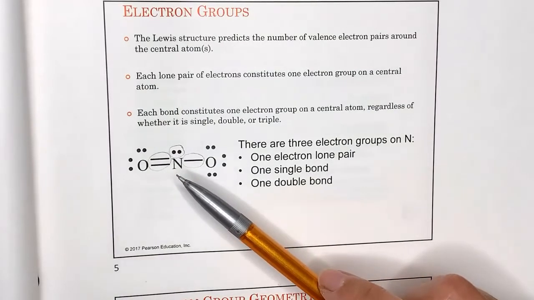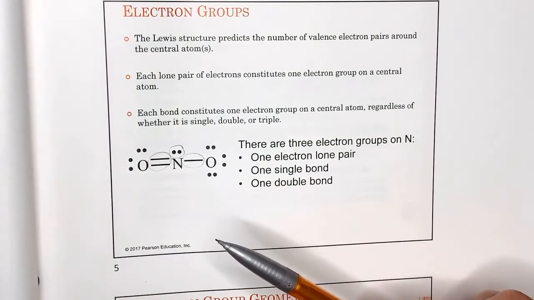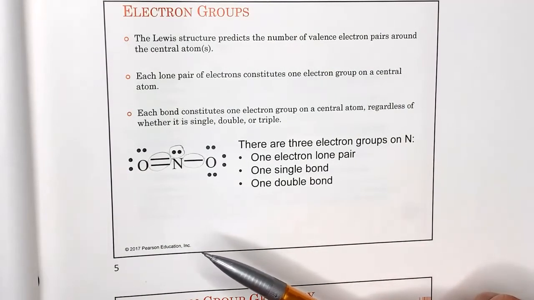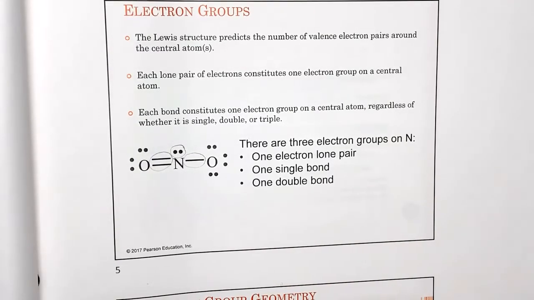It's kind of like the person that comes and sits next to you, maybe on a plane, and they take up all the space and you have no armrest. They like to take up all the space. And then the bonds take up space too, but not as much as a lone pair. Because a lone pair takes up the most space, the radical will take up more space than a bond, but less space than a lone pair. Okay, so we have that idea there.